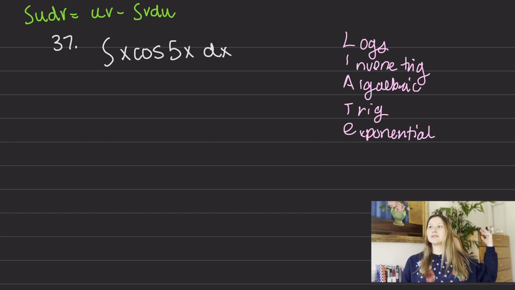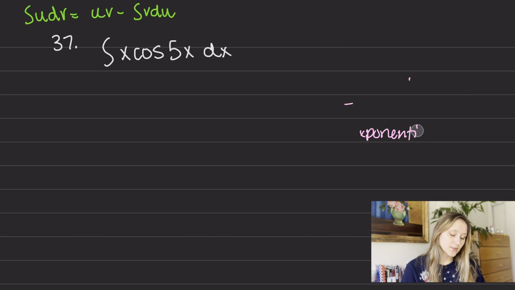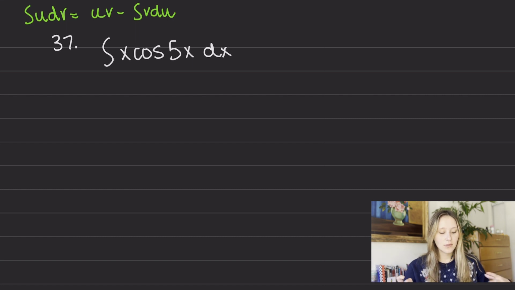I am, again, so sorry for my horrible handwriting, but this is what happens when you're a chaotic person, and that's fine. It's okay. So using that, we have logs, inverse trig, algebraic, trig, and exponential.